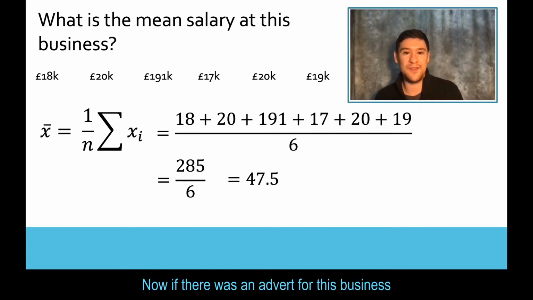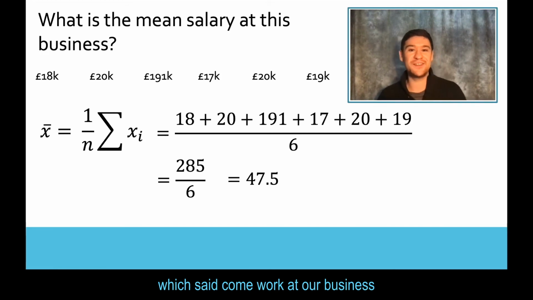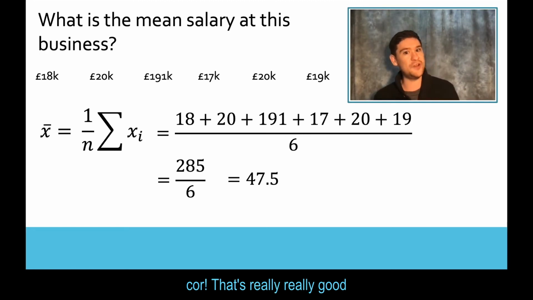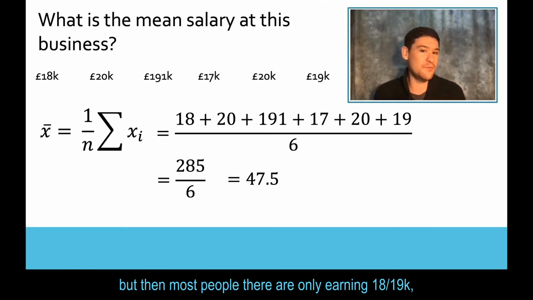Now, if there was an advert for this business which said, come work at our business, the average salary is 47,500 a year. That's really, really good. But then most people there are only earning 18, 19k.